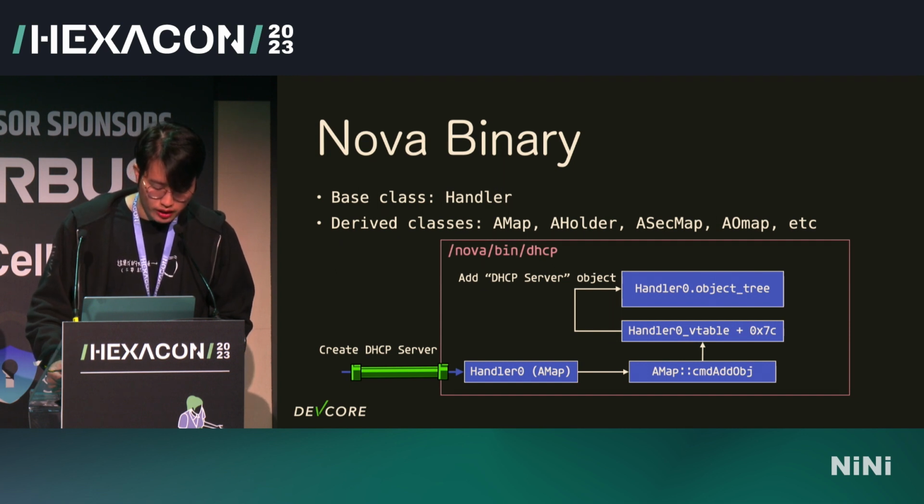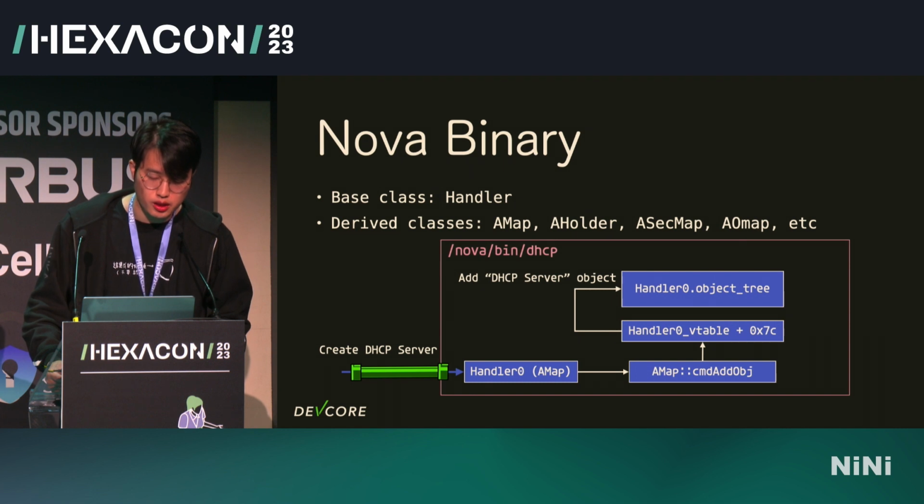It calls a function on its vtable with offset hex 7c to create a DHCP server object and insert it into a tree. The hex 7c is the offset to the constructor of the inner object. And you can find the offset of such a function in other derived classes by just reversing the cmd add object function. You can find the constructor of the inner object of each derived class.